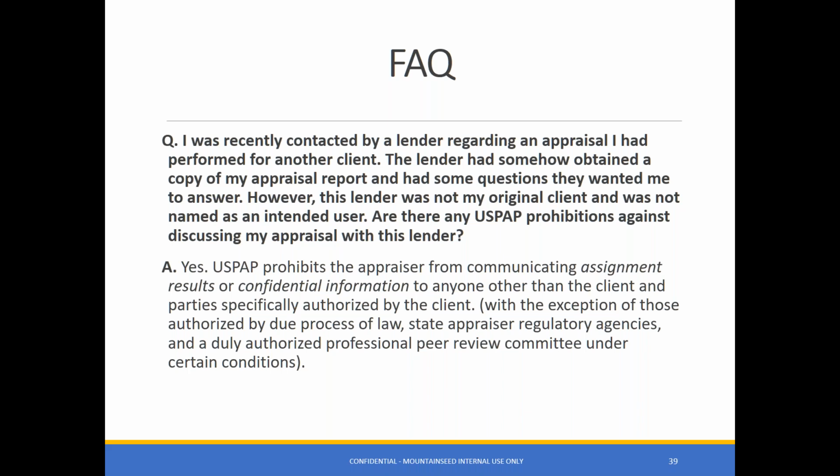Now, in addition to what USPAP says about development and so on, evaluations are typically regulated by the Interagency Appraisal and Evaluation Guidelines, and there are additional things that have to be included per those guidelines.